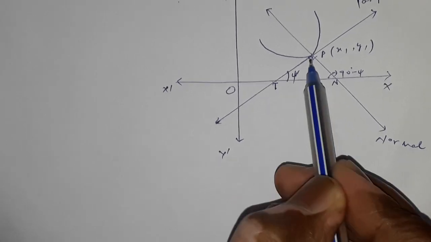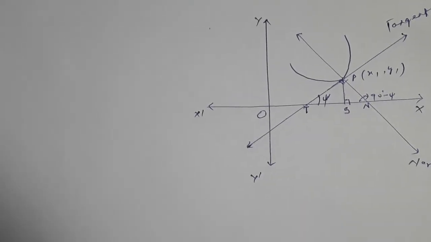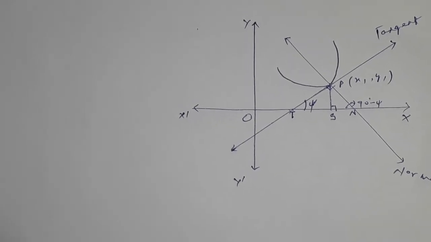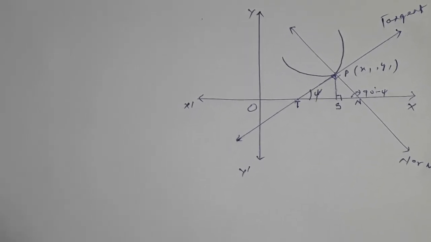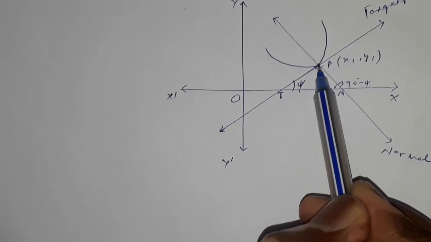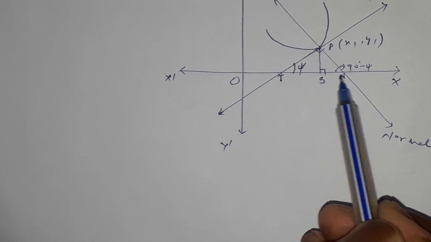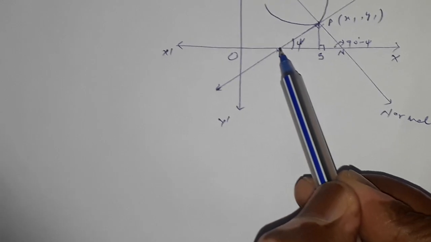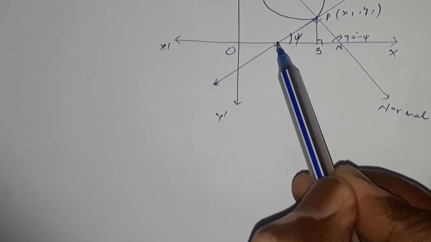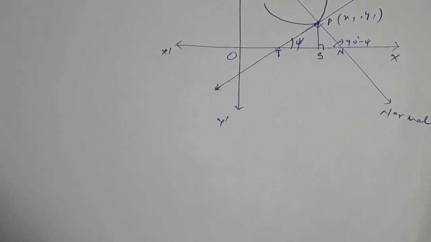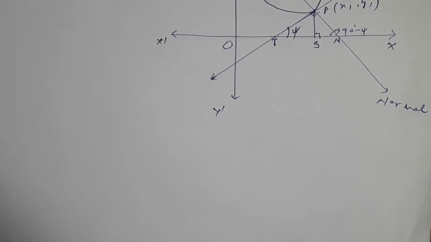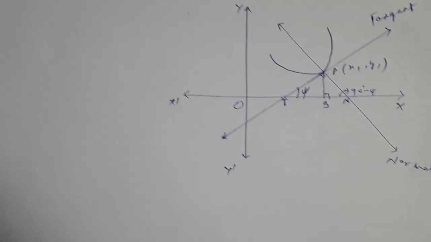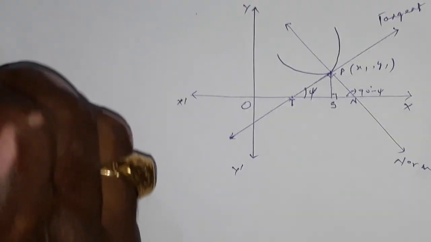The length of the tangent PT, between the point of tangency and the x-axis, is called the length of the tangent.